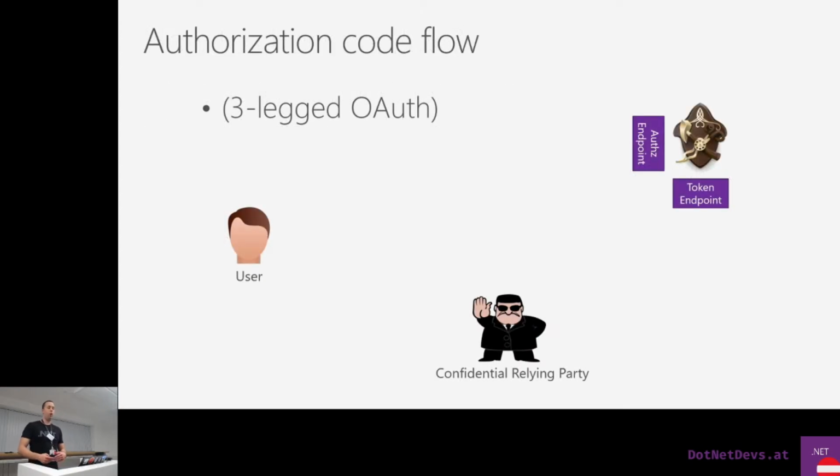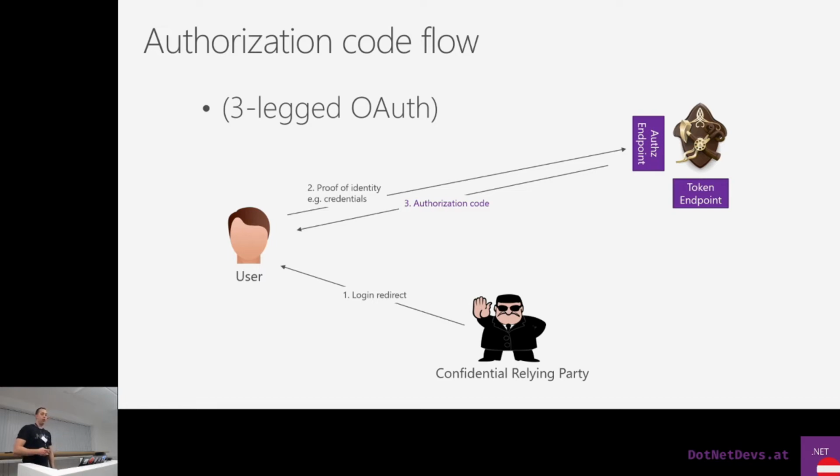So authorization code flow is something where you actually have a confidential client, like a server application. The way this works is I redirect the user to the authorization endpoint of the identity provider, and I ask the identity provider, please give me a code token, right?